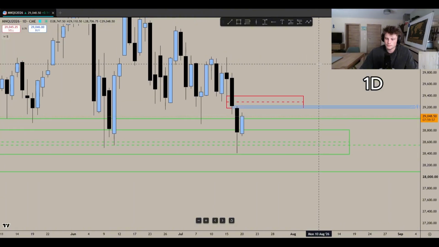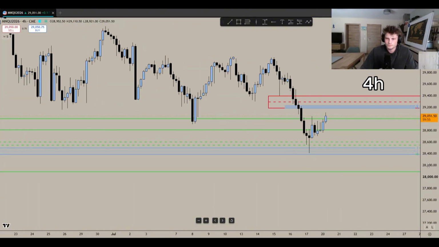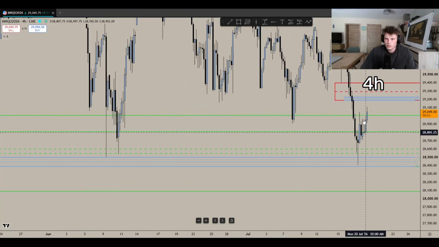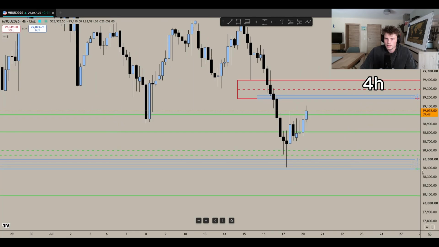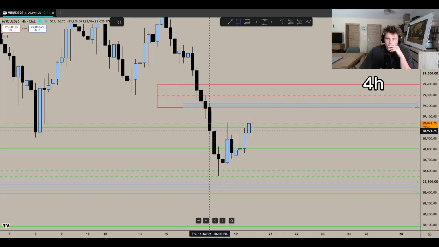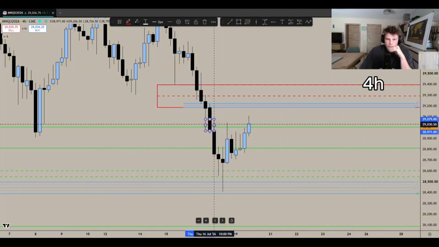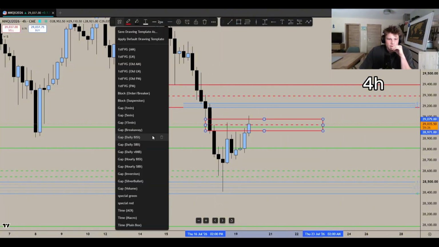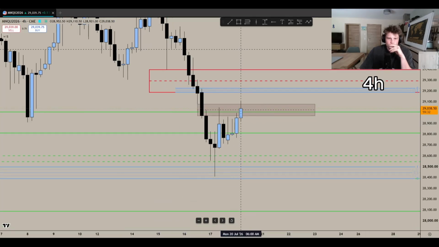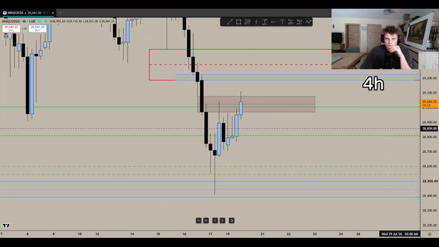All right, so then the 4-hour. I will not mark up anything in here because we already came back up. So we have, let's see, 70, that's lower, that's higher, so there's a gap between there. We have to mark these up red. So that's our 4-hour SIBI here.